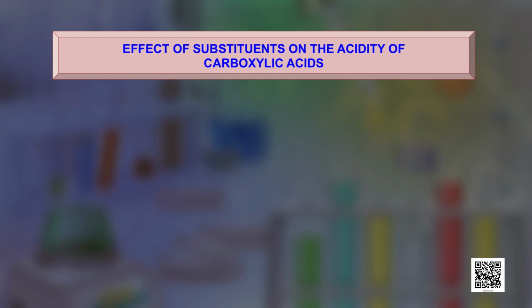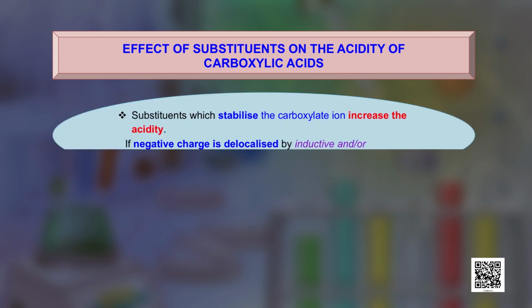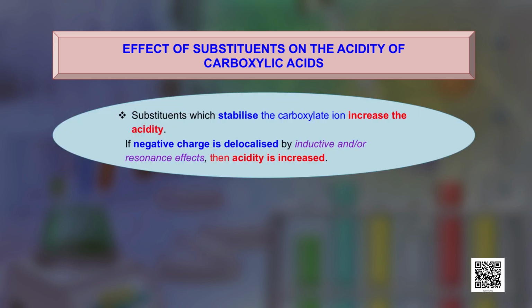Let us next consider the effect of substituents on the acidity of carboxylic acids. Substituents which stabilize the carboxylate ion increase the acidity if the negative charge is delocalized by either the inductive effect or the resonance effect or by both these effects.